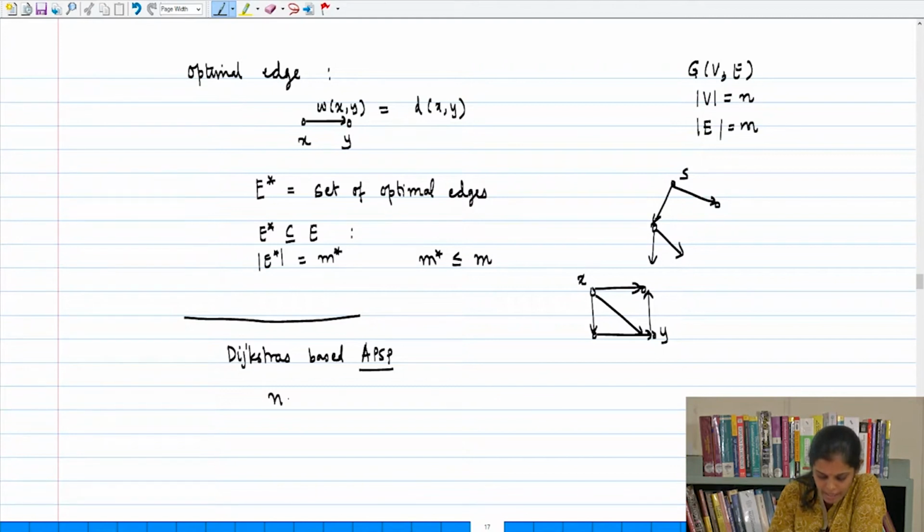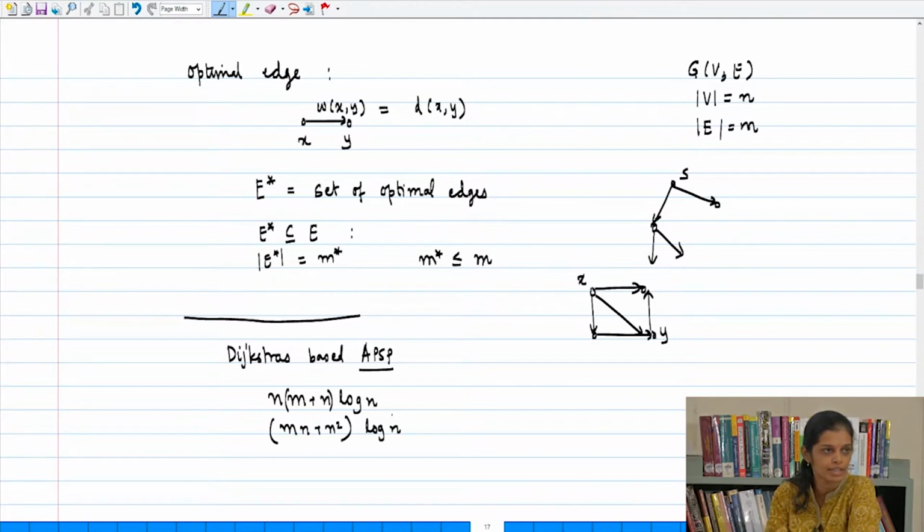We said that it is n times (m plus n log n), so I will write this as mn plus n squared log n. This is the running time of Dijkstra's algorithm based all pairs shortest paths algorithm.